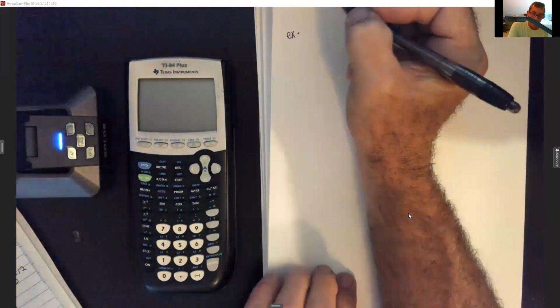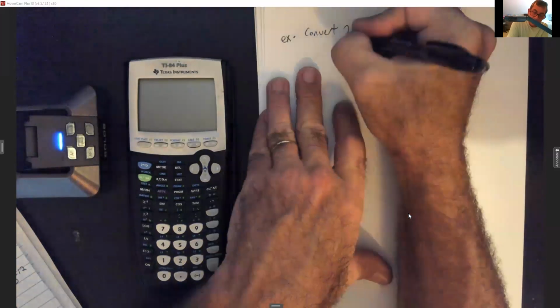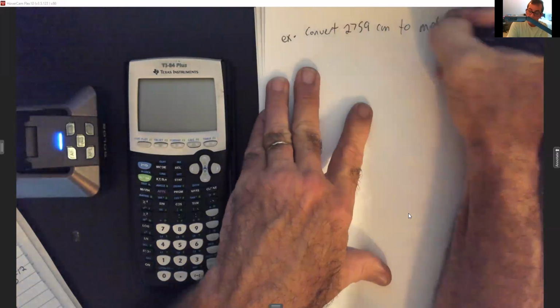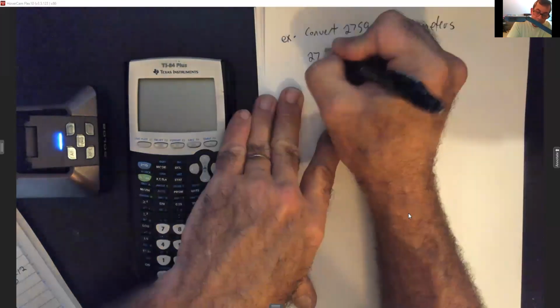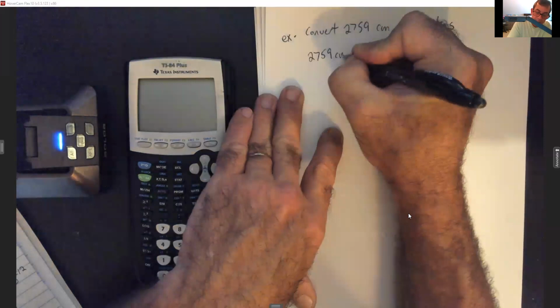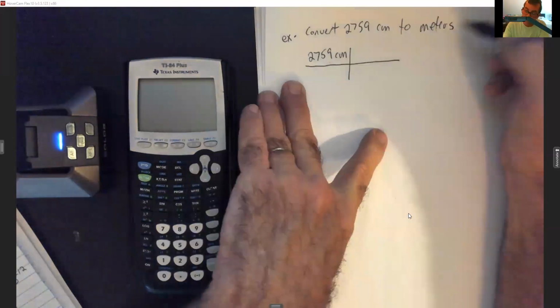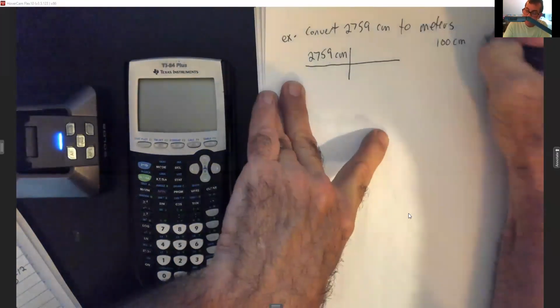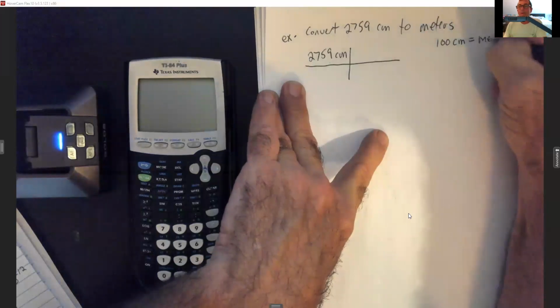So example, convert 2,759 centimeters to meters. All right, so I'm going to start with my 2759 centimeters. Now I'm going from centimeters to meters, so I know if you look at my chart I just made you, there is 100 centimeters for every 1 meter, right?